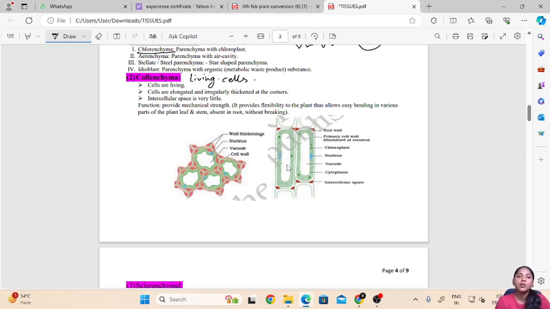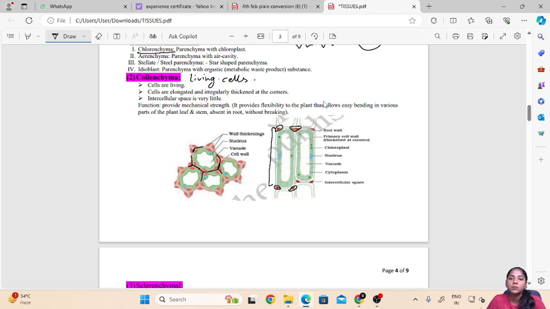These cells are usually elongated, as we can see in this diagram, and they are thickened at the corners. This thickening usually provides the strength and flexibility to the plant. Intercellular space is very little. As we can see here, there are almost no intercellular spaces. The cells are packed very tightly.